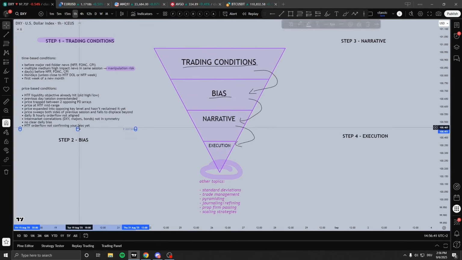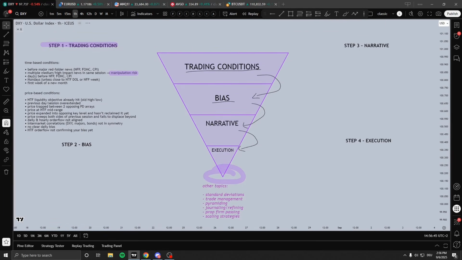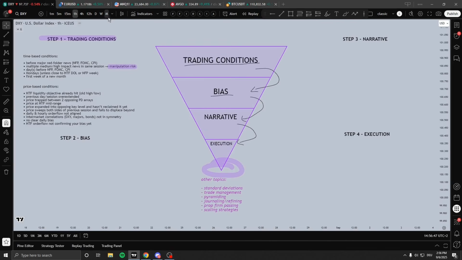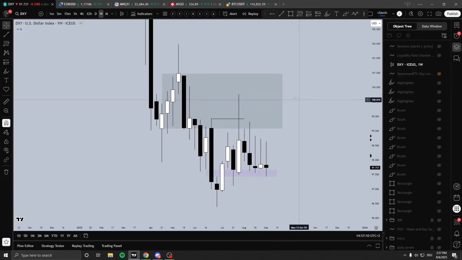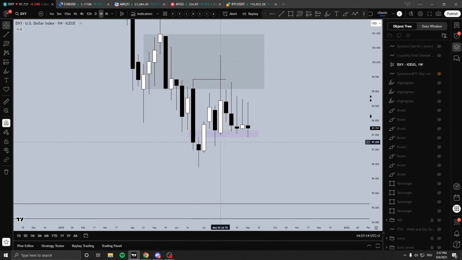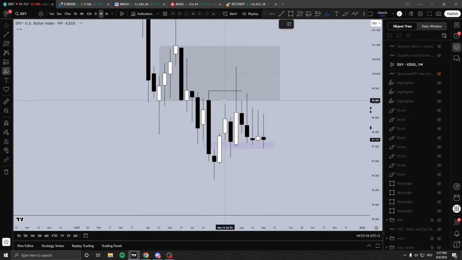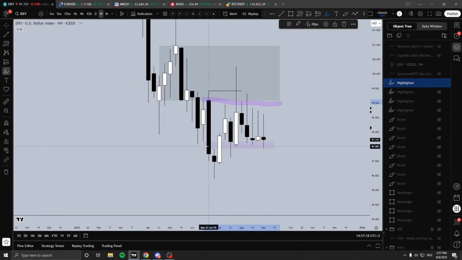If price is trapped between 2 opposing PD arrays. What do I mean by that? For example, if we take a look at DXY on the weekly time frame, we have this bearish OB, we have this bullish BPR, and as you can see, price is trapped between those 2 opposing PD arrays. So it's not willing to close above the bearish OB, but at the same time also not below the bullish BPR.